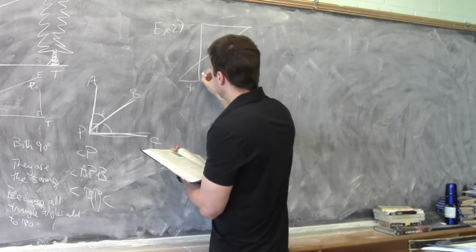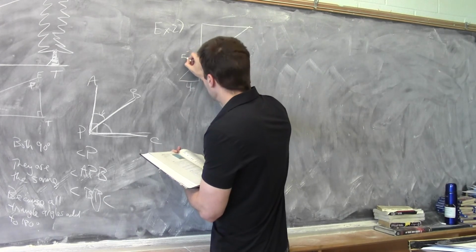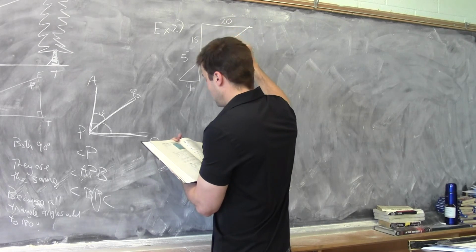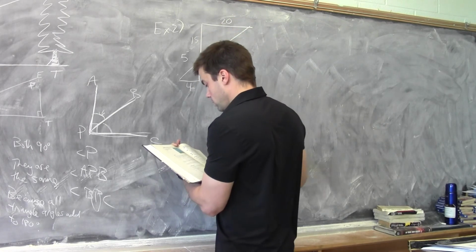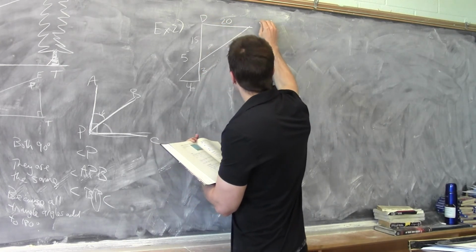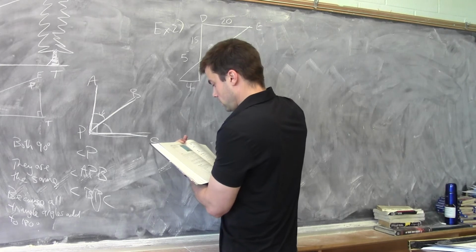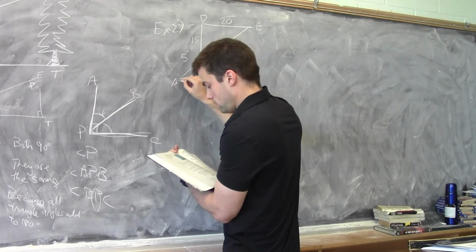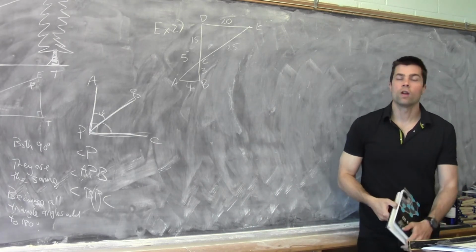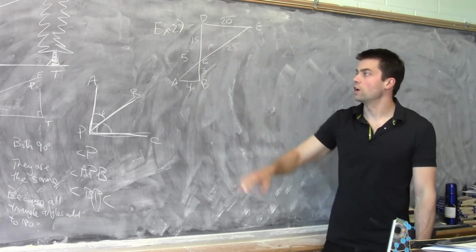We have a bunch of sizes here, and these are all labeled B, E, C, A, B. All right, so we want to know if this triangle is similar to this triangle.